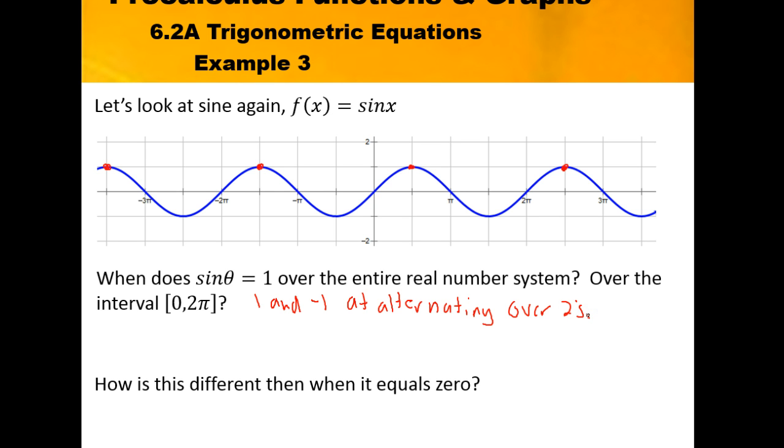And then I asked, how is this different than when it equals 0? And really, the problem with this is the alternating issue, that it isn't at every pi over 2 that it's at 1, it's only at every other one. And so that's what we're going to have to clean up, and we're going to get to that in just a minute. So really, the difference here is the every other one.